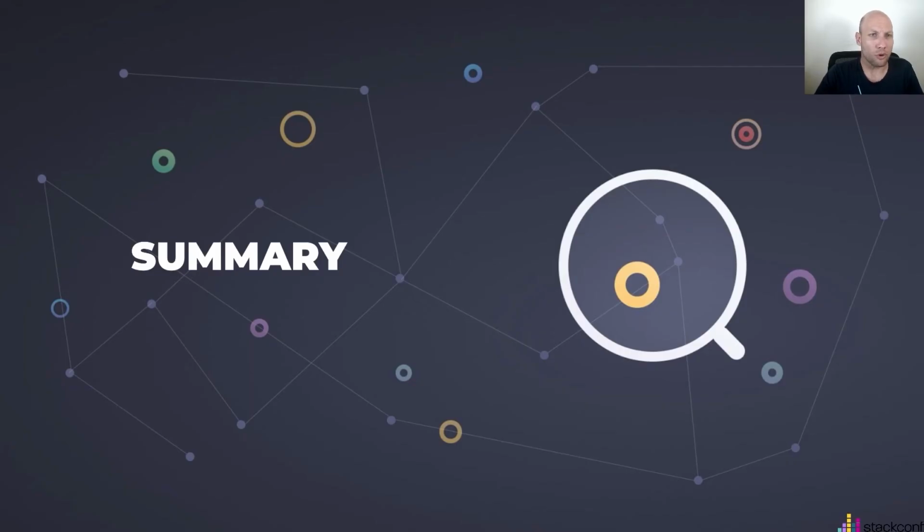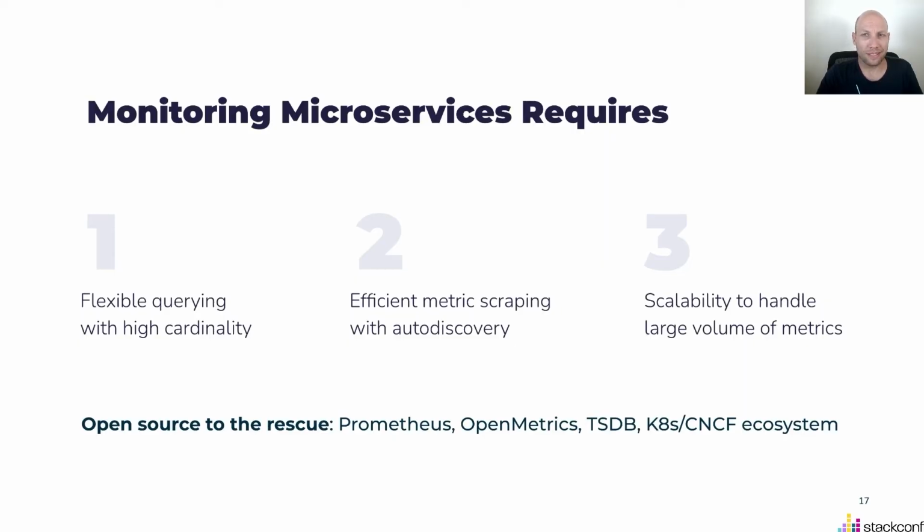So let's summarize what we've seen here. Monitoring microservices and cloud-native systems introduces challenges with high volume of metrics, with a large diversity, with many dimensions, the high cardinality of the metrics, highly distributed with many third-party tools and frameworks involved.